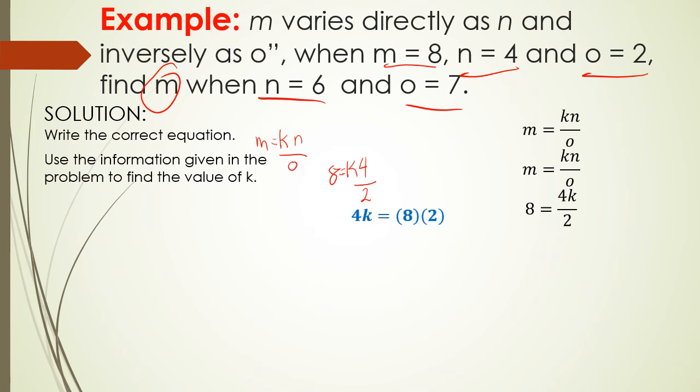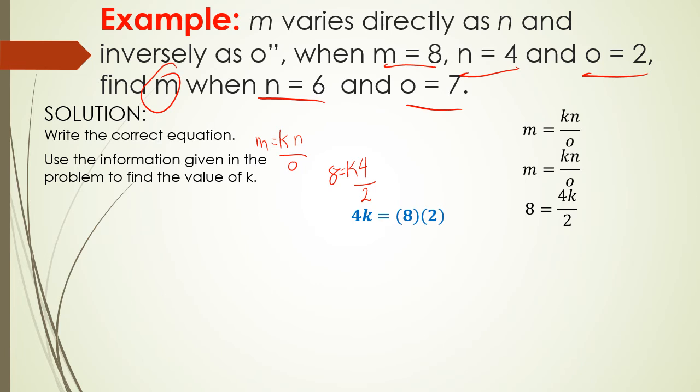So, cross multiply 8 times 2 and then is equal to 4K. So, 4K kasi lagi nauuna yung coefficient bago yung variable. So, magiging 8 times 2, that is 16.